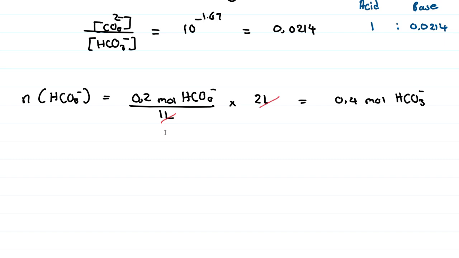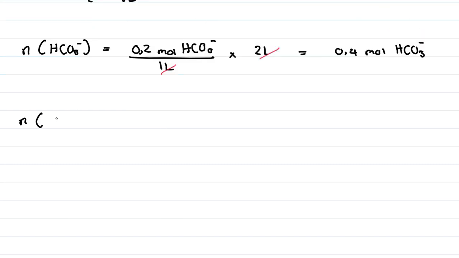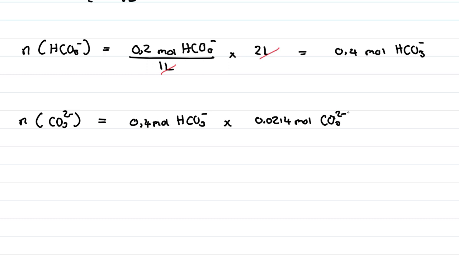So the number of moles of the base, which is CO3 2 minus, is equal to the number of moles of the acid, 0.4 mole, multiplied by the ratio, which is 0.0214 mole of the base divided by 1 mole of the acid.